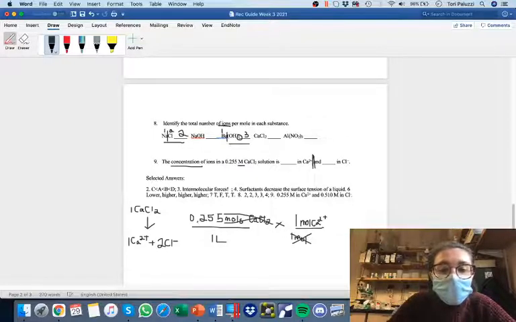And so then it's just 0.255 times 1 mole of calcium ion, and so that means that the concentration here must be 0.255 calcium ion per 1 liter, because that's still left in my denominator. So my molarity for my calcium ions is going to be 0.255.